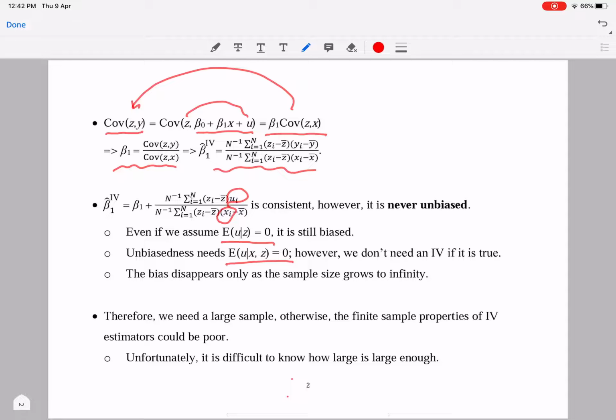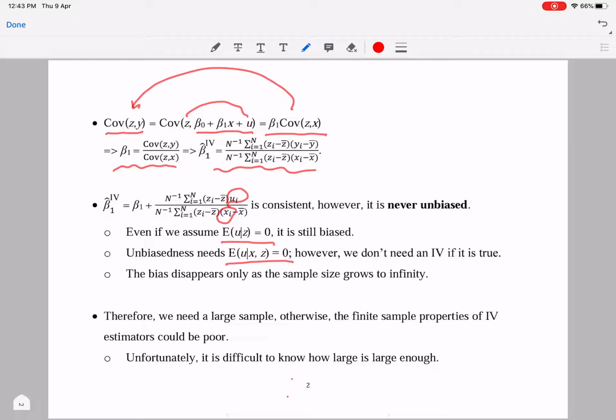However, if the conditional mean of u given x is 0, then we can just run an OLS. We don't need an IV, we don't need an instrument. And so the bias disappears only as the sample size grows to infinity. So it is consistent, but it is biased in the finite sample.